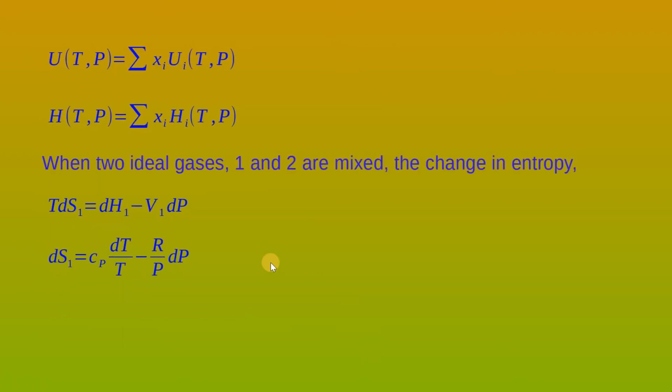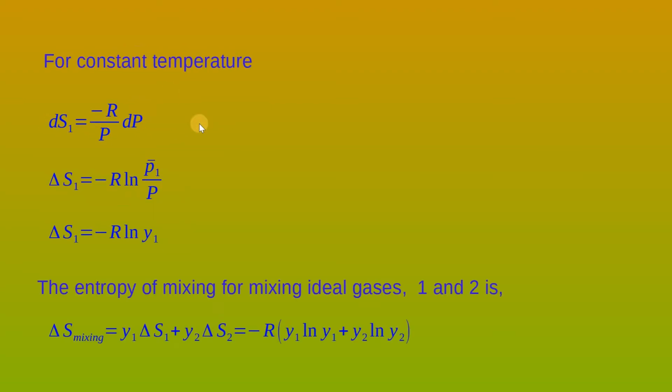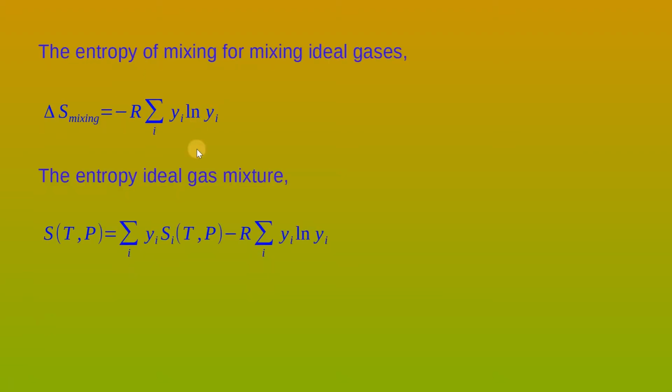As we can see, the volume of mixing or the internal energy of mixing for an ideal fluid is 0. If we take the difference of the LHS and the RHS, we get a 0. The enthalpy of mixing too is 0. But the entropy of mixing for an ideal gas mixture is not 0.